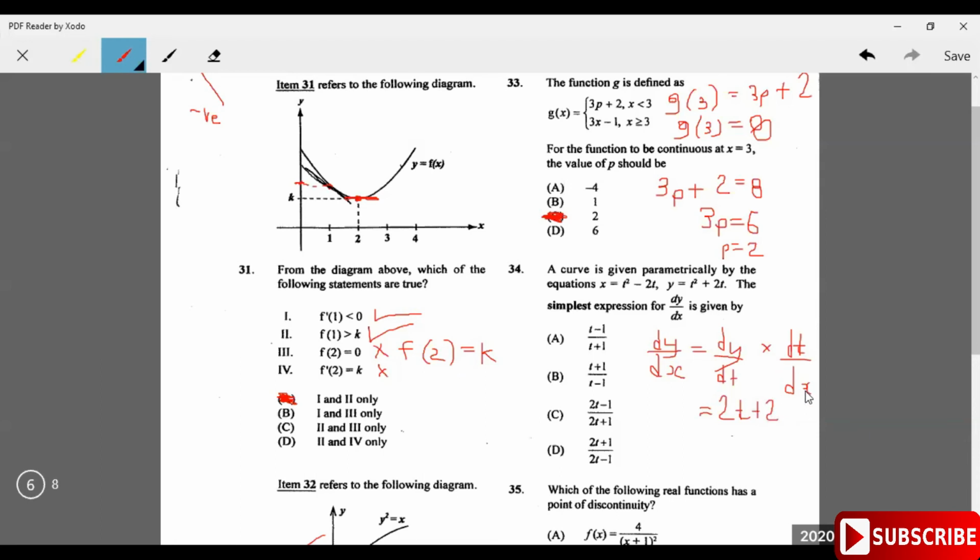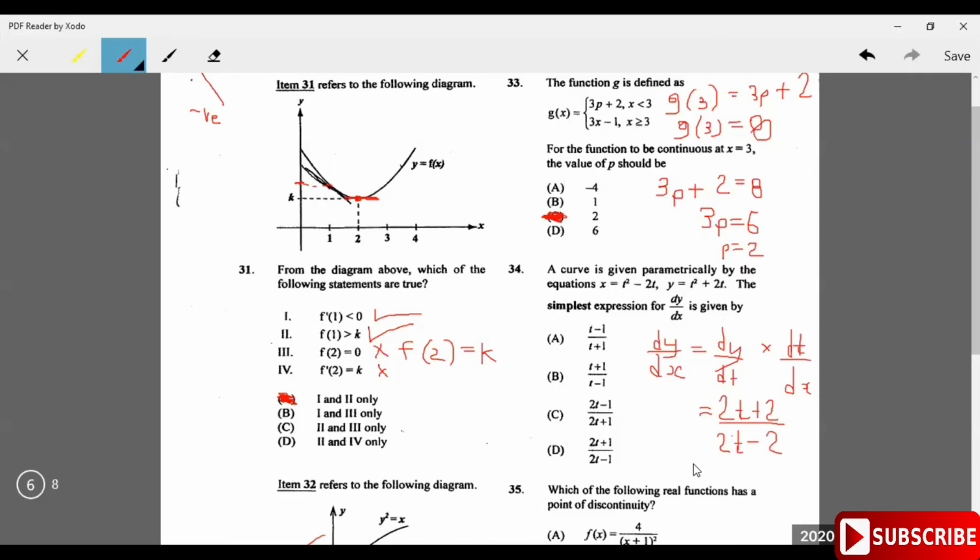Now dt by dx is 1 over dx by dt. And so actually we're dividing by dx by dt. dx by dt is 2t minus 2, sorry. We differentiate minus 2t, we get minus 2.